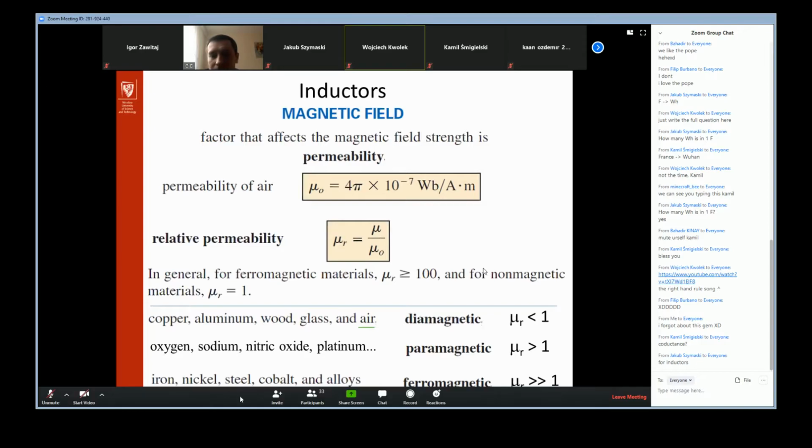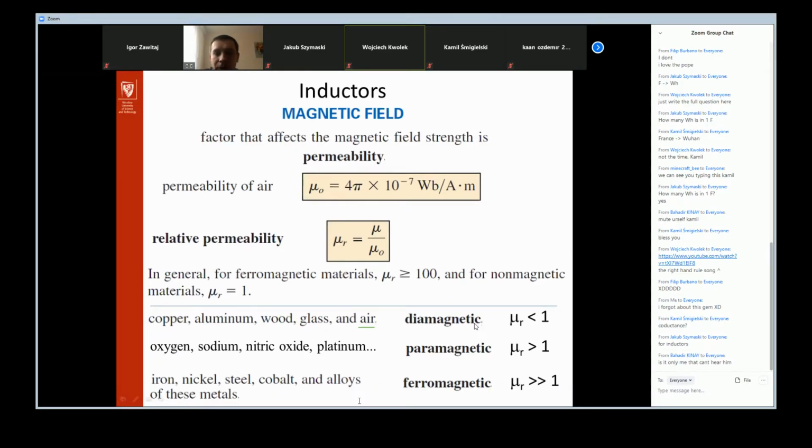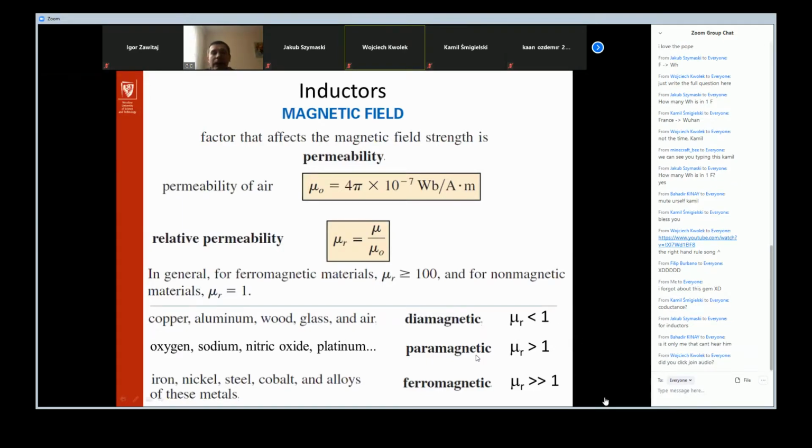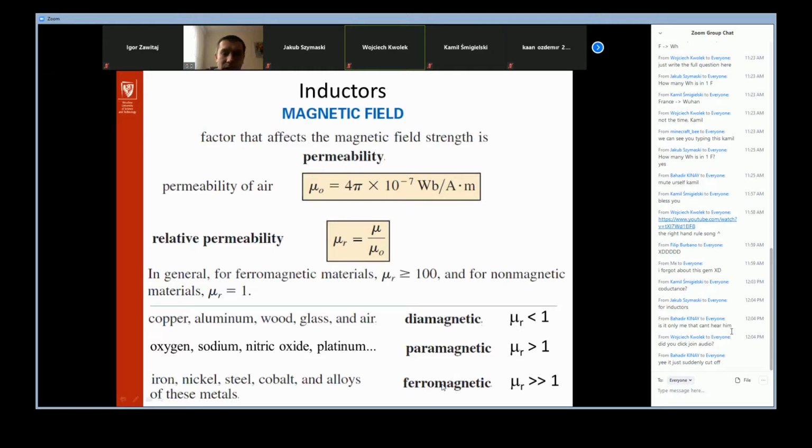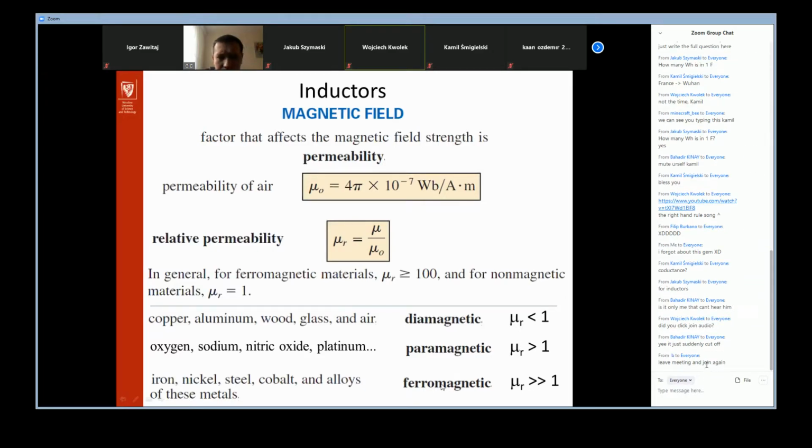Maybe. So we've got three types of materials according to the magnetic fields. There are ferromagnetic, paramagnetic, and diamagnetic materials. Everything you have to remember here is how the relative permeability is connected with these three types of materials. Ferromagnetic materials have μr higher than 100, much more than one.